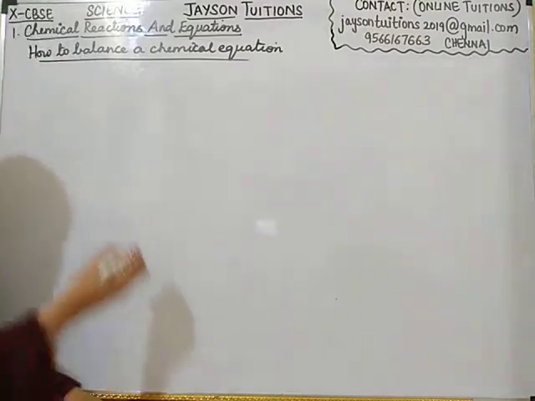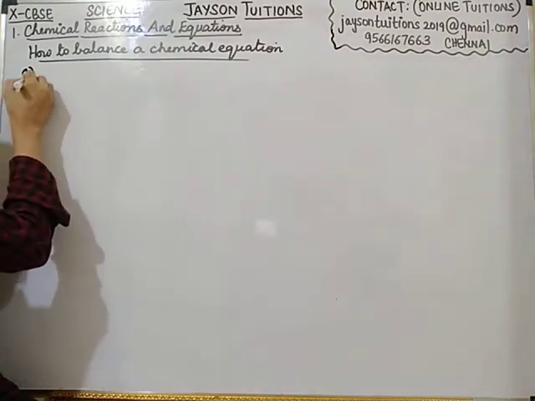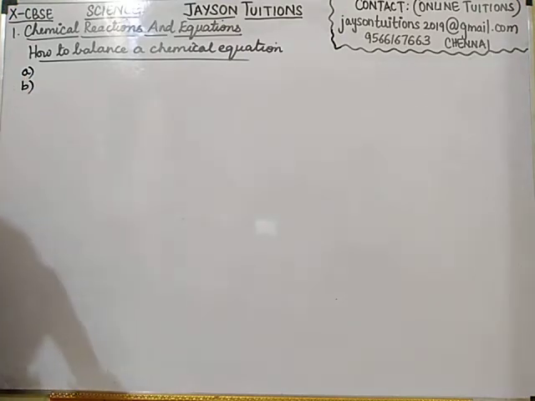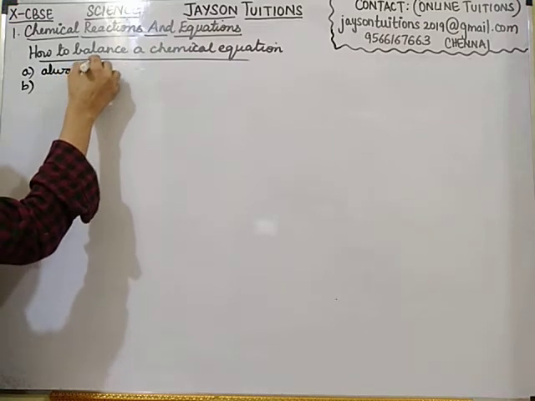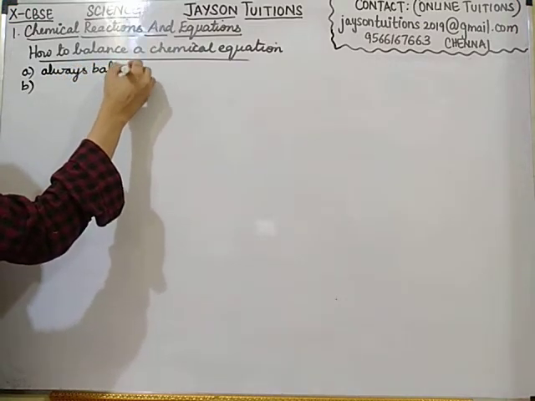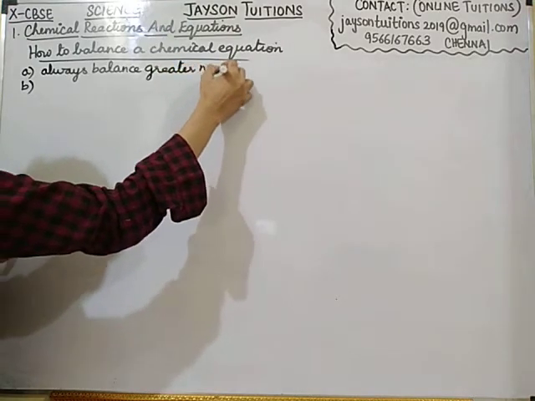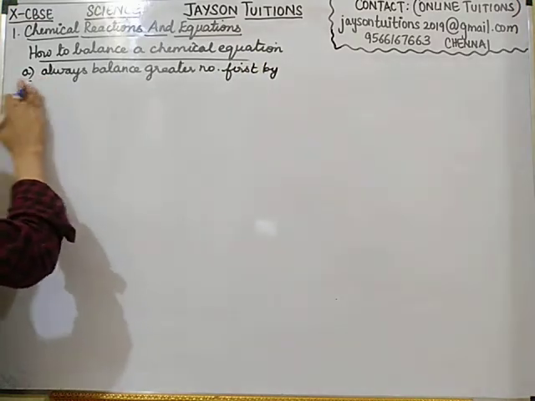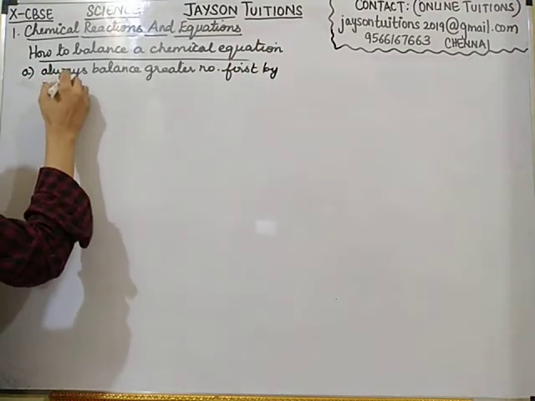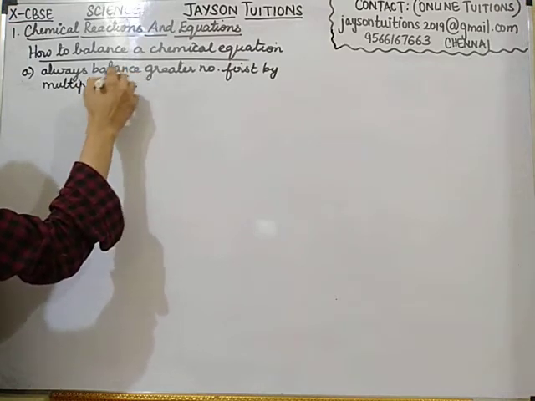For this, keep in mind these two tricks. First one, always balance the greater number first by multiplication.